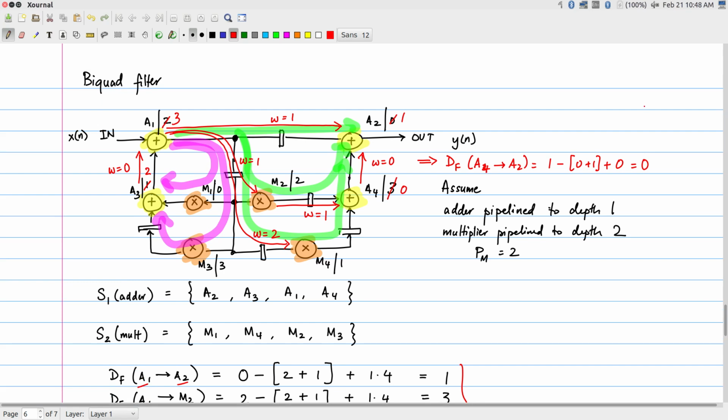And the DF over here from A1 to A2 would be equal to 1 minus 3 plus 1 plus 1 into 4, or in other words is equal to 1. Okay. For now, these are the only two numbers that I care about, so that I can at least tell you what happens at, well, time instant 1. Okay, I need to correct this.